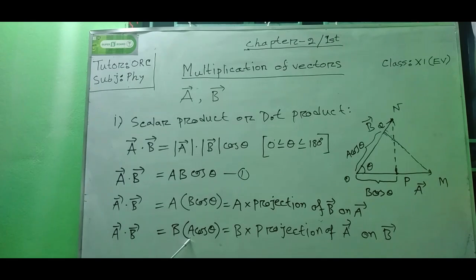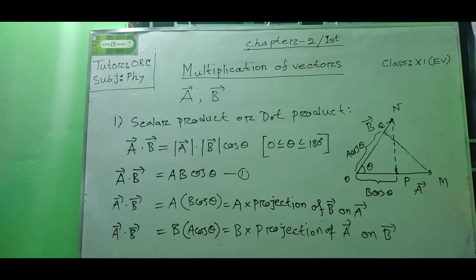From this information we can see that we can express the dot product of two vectors with the projection in this way. Now the important information: there are some particular sectors where we can apply the dot product, very important information.